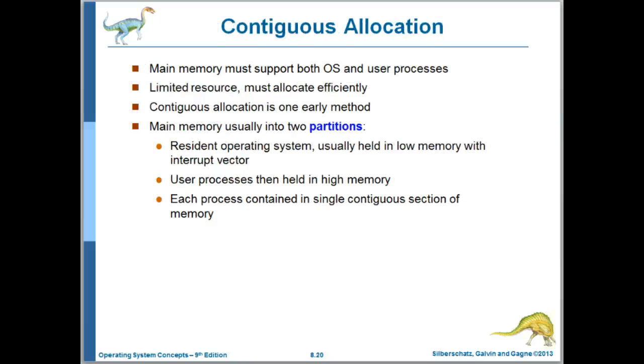The simplest allocation scheme is contiguous allocation, where all of a process's memory is one contiguous part of memory, also known as a partition. So in the simplest scheme, main memory is two partitions, one for the kernel and one for a single process.